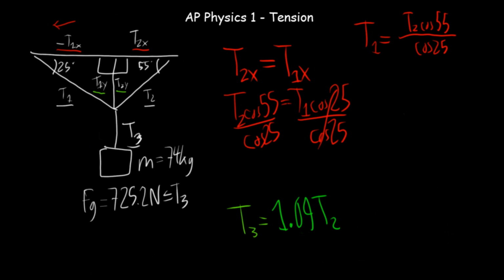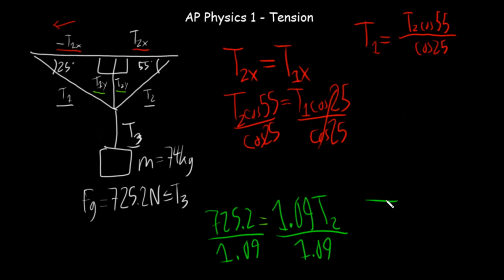And then we already know what T3 equals, because T3 equals 725.2 Newton. It's equal to the force of gravity. All you have to do now is simple algebra. Divide on both sides.